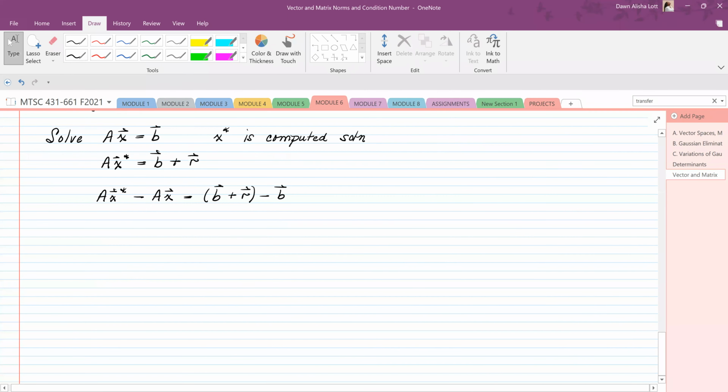So now I have A times X star minus X is equal to the residual.